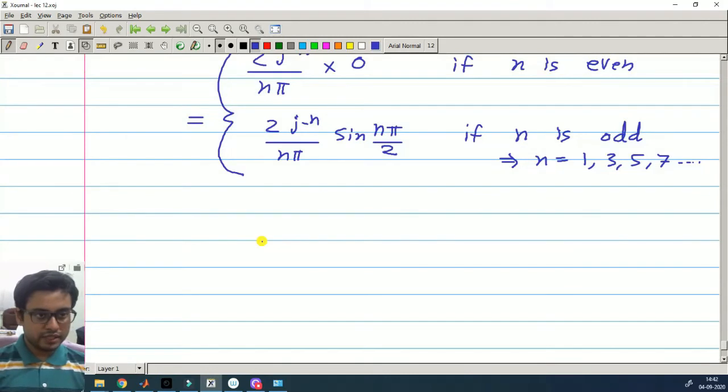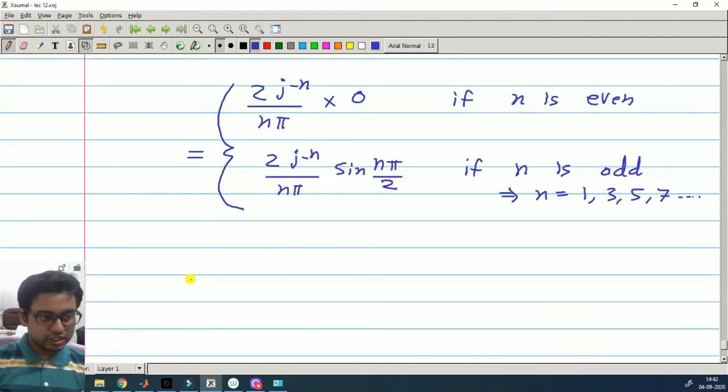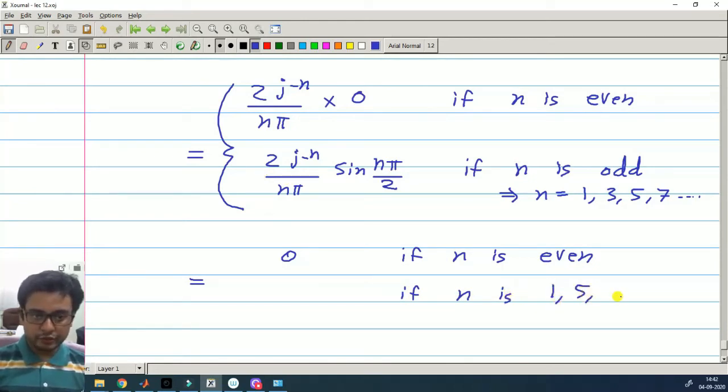So let us write this is equal to 0 if n is even, and if n is like say 1, 5, 9, etc., in that case sine n pi by 2 will be plus 1.